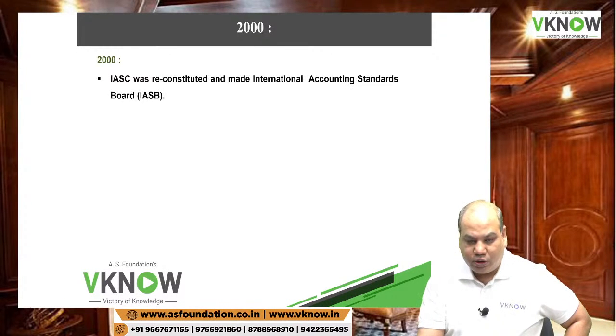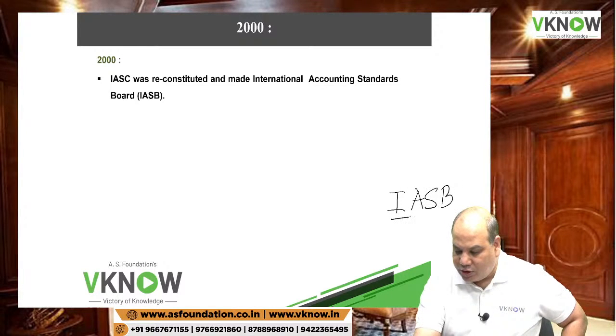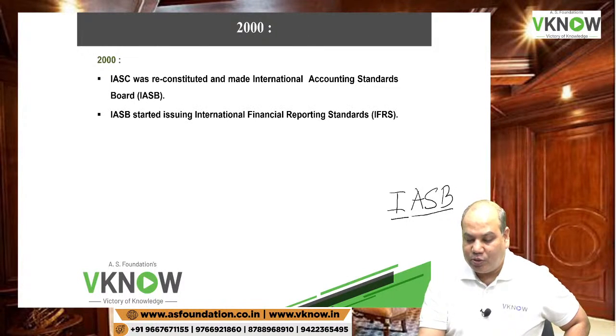Then came 2000. The IASC was reconstituted and is now called the International Accounting Standards Board. So everywhere now you will find it written as IASB. Which standard are they responsible for issuing, US GAAP or IFRS?